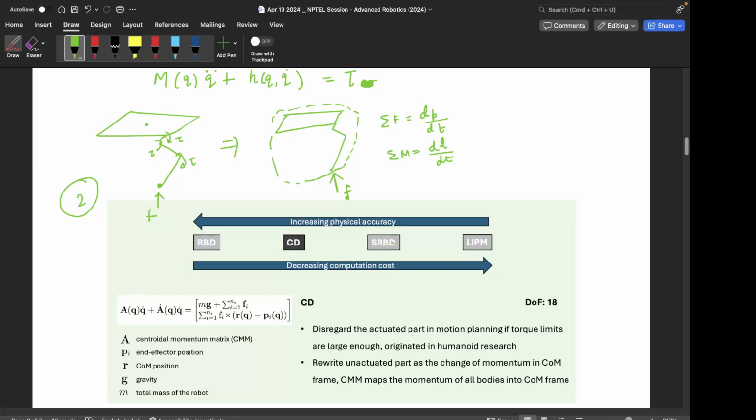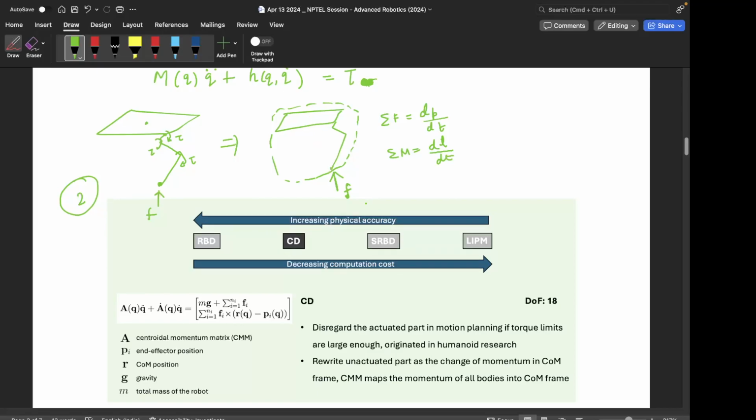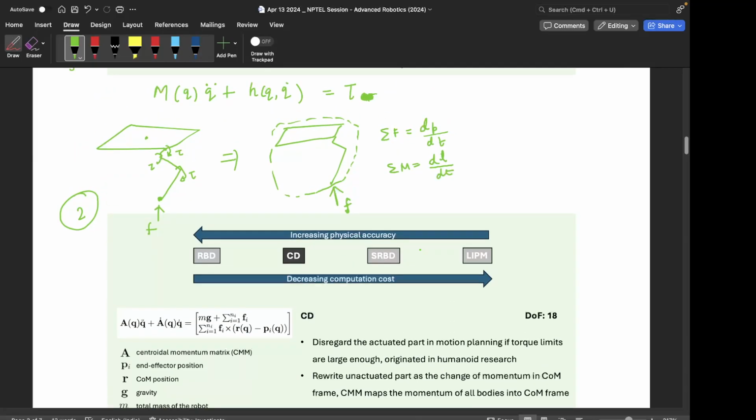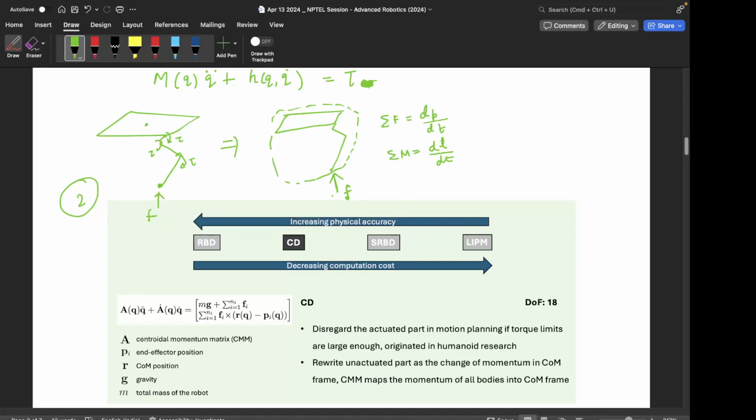momentum, right? Which means, when I say momentum, I mean here both linear and angular momentum. We express the momentum of each link in the center of mass frame, right? So as I mentioned here, we write the momentum of each link in the center of mass frame and the change of it, right?